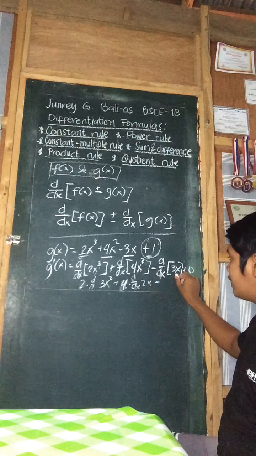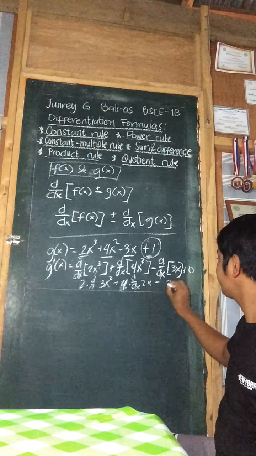Then minus 3x, the derivative of this is 3.